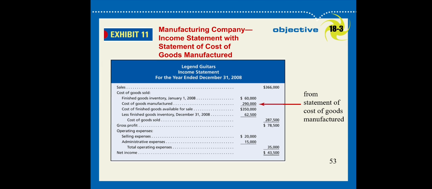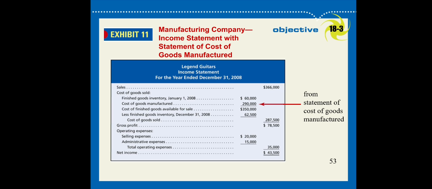Okay, this is the income statement for a manufacturing business. Remember I told you when you learn about management accounting, the focus is mostly on manufacturing business because you will learn about costing. You will learn how to calculate cost for a product produced by a manufacturing business.